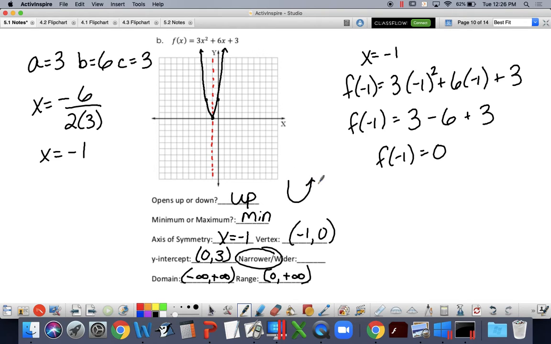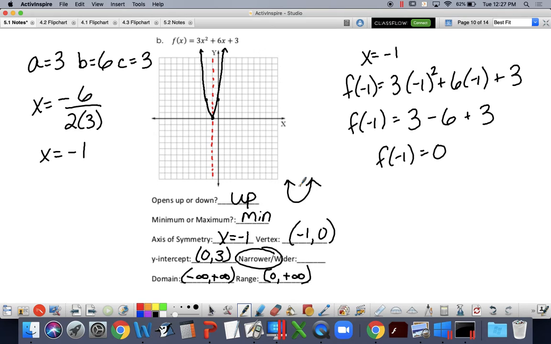Therefore, if it opens up, it has a minimum value. It's not going to have a maximum. For my axis of symmetry, I have my a, b, and c, so I do negative b divided by 2a, which gives me negative 6 over positive 6, which we simplify to negative 1. So x equals negative 1 is my axis of symmetry. Then I plug in negative 1 to find my actual vertex point, so it's negative 1, 0.